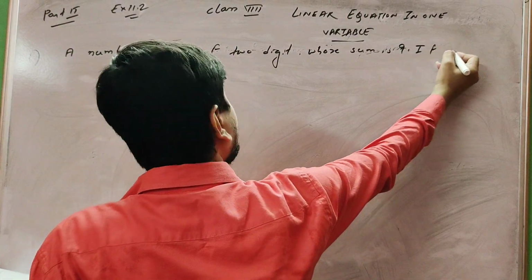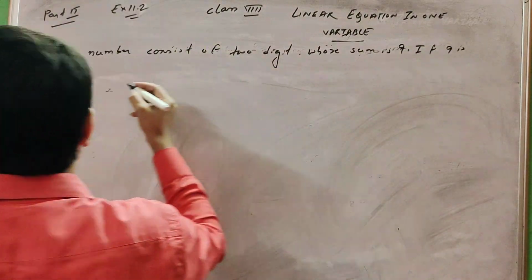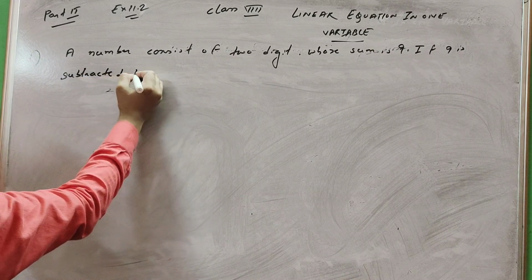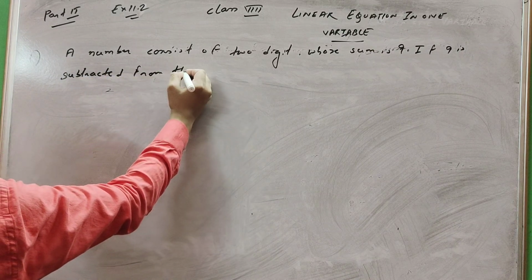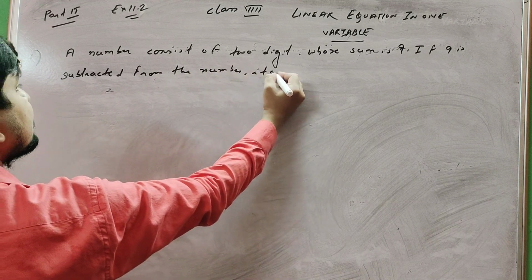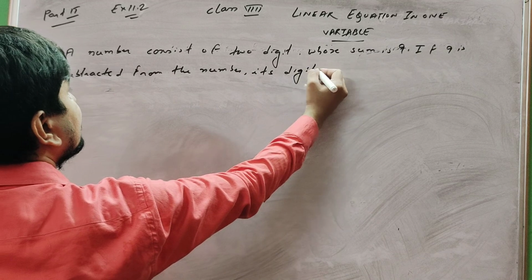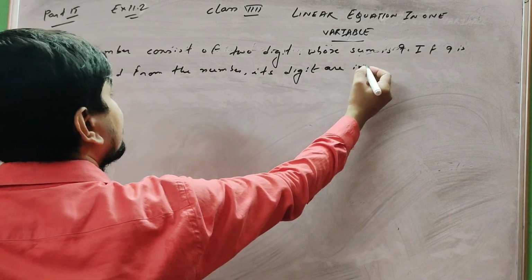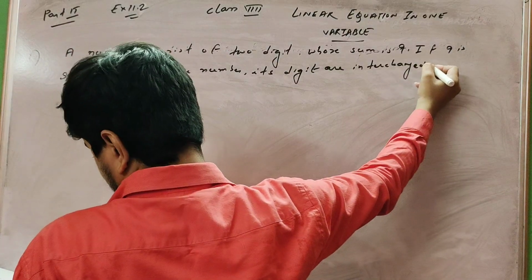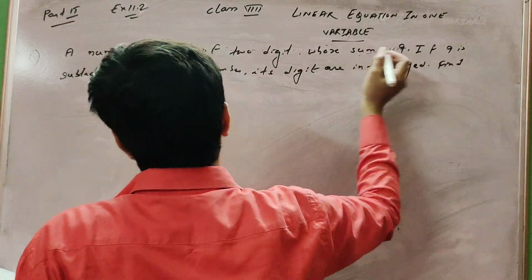If 9 is subtracted from the number, its digits are interchanged. Find the number.